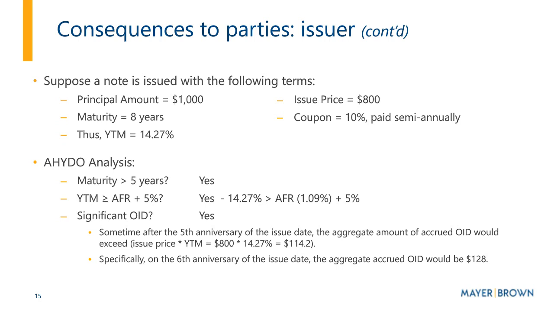You'll often see AHYDO catch-up provisions in debt instruments, which essentially means that after the first accrual period after the 5th anniversary, there is a catch-up payment. So the issuer has to pay a certain amount of cash to avoid there being significant OID, to avoid the AHYDO rules altogether. And obviously, if you structure something that does not exceed 5 years, which we see quite a bit too, then we can also avoid the AHYDO rules.